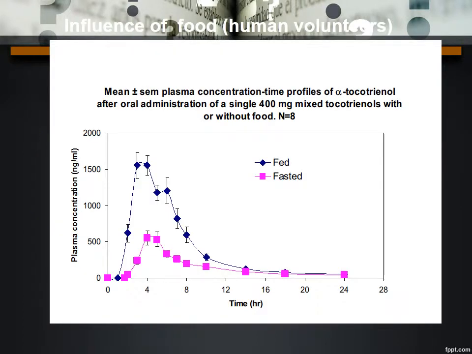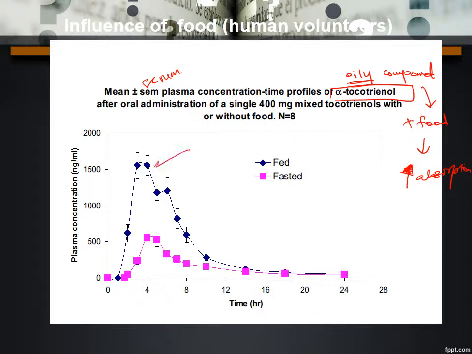So this is another example of the serum plasma concentration of alpha tocotrienol, an oily compound. So you expect that when you add food, you will see an increase in absorption. Let's look at the profile.